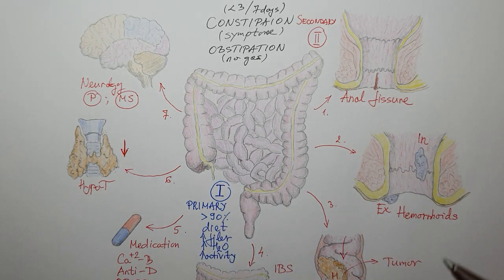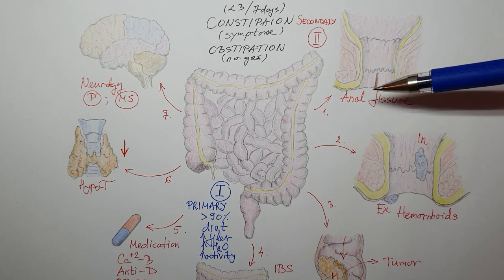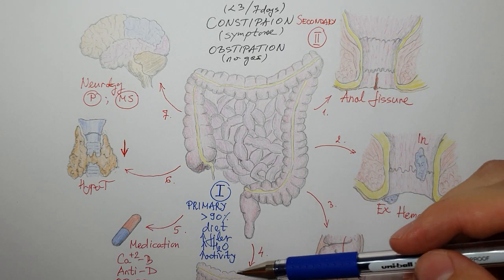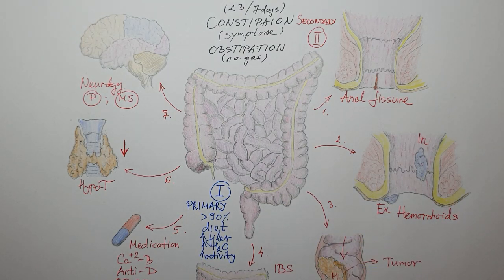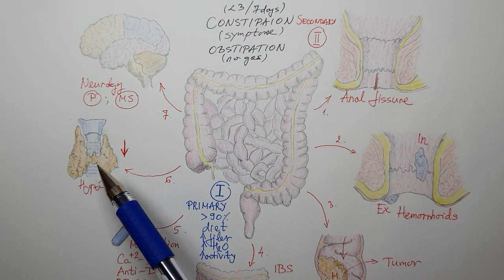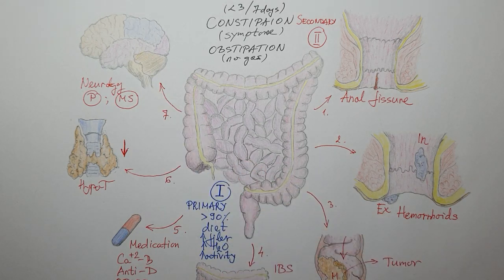But if we find there is a bloody stool, there is weight loss, or other symptoms that can be thought to be problems with the thyroid, some Parkinson problems, and so on, there will be other symptoms besides constipation. We need to do more diagnostics and probably consult more colleagues to see what is actually the primary cause of this secondary constipation.